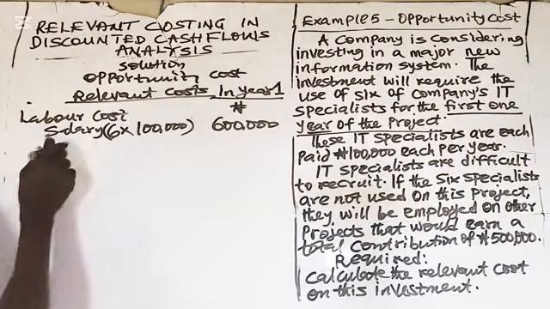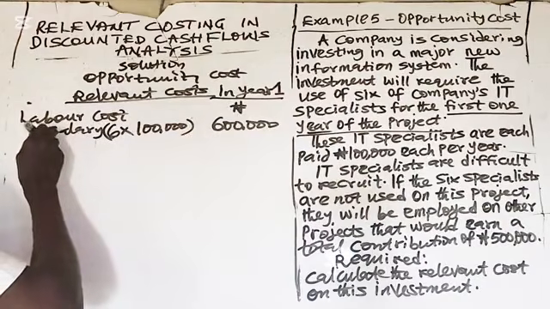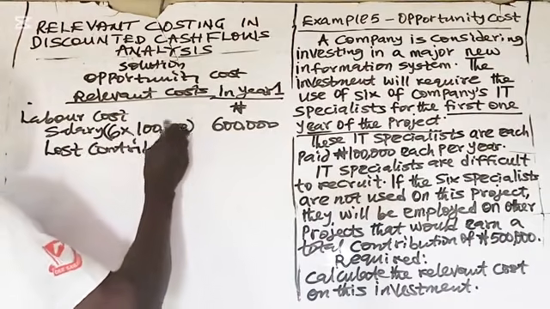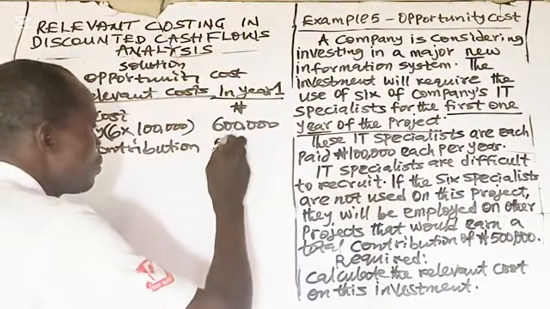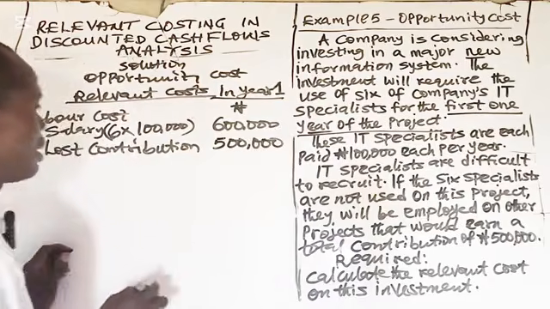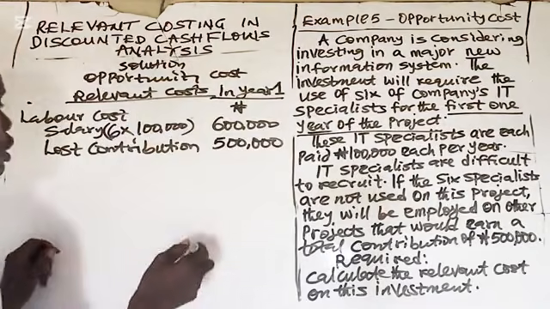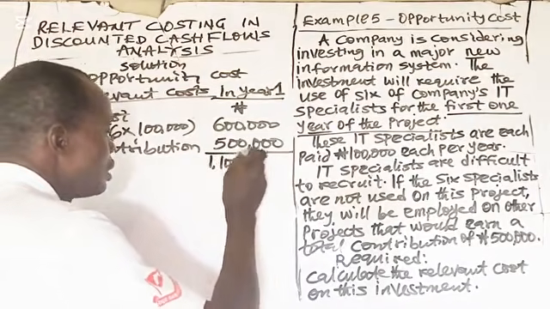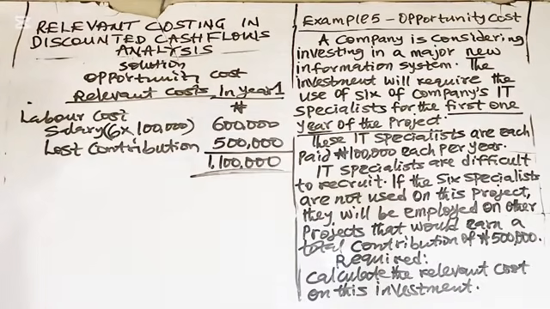You will pay them the salary of 600,000 naira if you use them in the project, plus the lost contribution from the alternative project of 500,000 naira. So the relevant cost is their salary, the labor cost, plus the lost contribution, which gives 1.1 million naira. That is the relevant cost of the IT specialists in year 1.